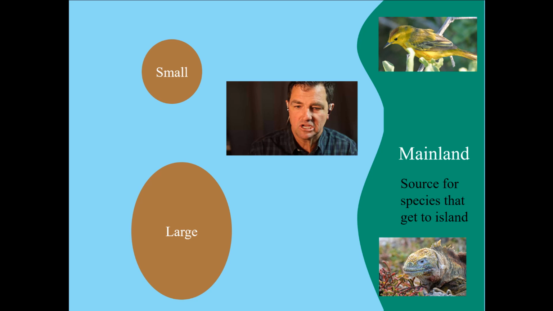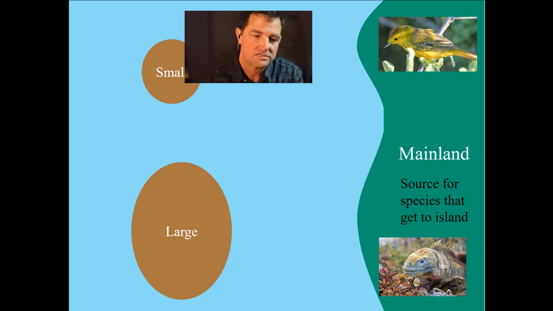So again, we can look at the immigration rate for small and large islands. A small island is a smaller target. It's harder to land on that particular target. And a larger island ends up being a larger target. So once again, you expect large islands to have higher immigration rates than small islands.